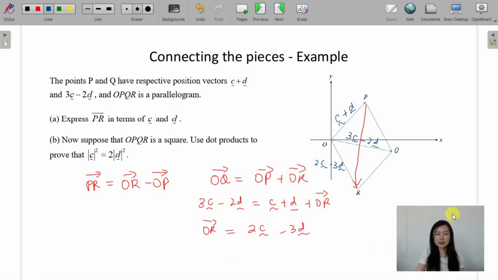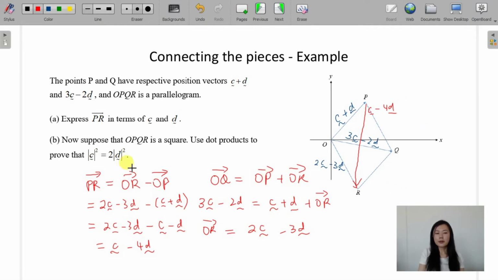So coming back to this guy here, PR is the subtraction vector, so OR, which is 2C minus 3D, minus OP, OP is C plus D. So that's C minus 4D. All right, so that's it. So I'm just going to write it here, C minus 4D. Okay, so that's how we worked out PR just by manipulating the other factors.